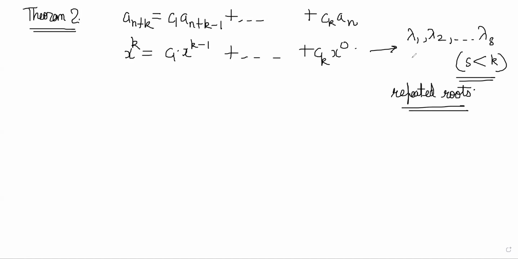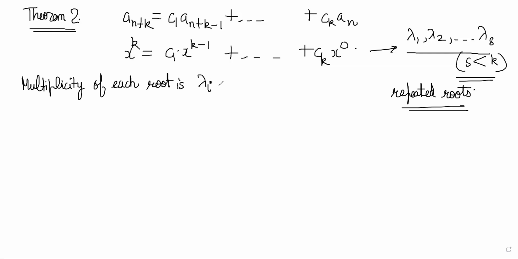So these are the s roots, and the multiplicity of each root lambda i is ti, where 1 is less than or equal to i less than or equal to s.